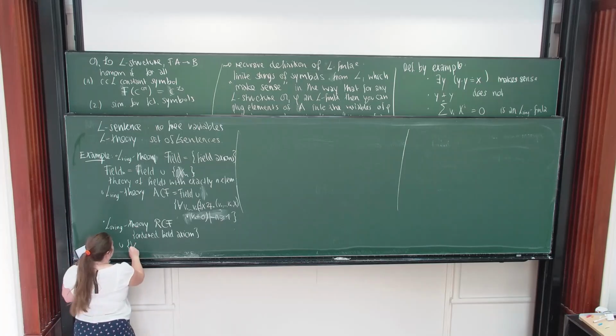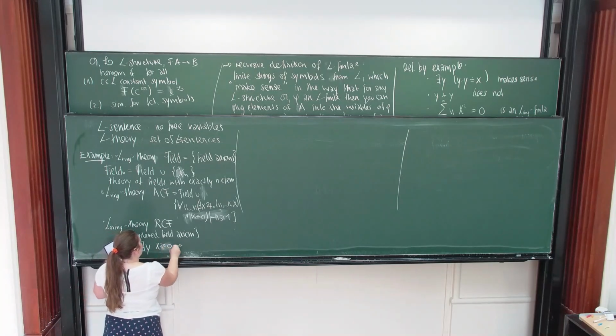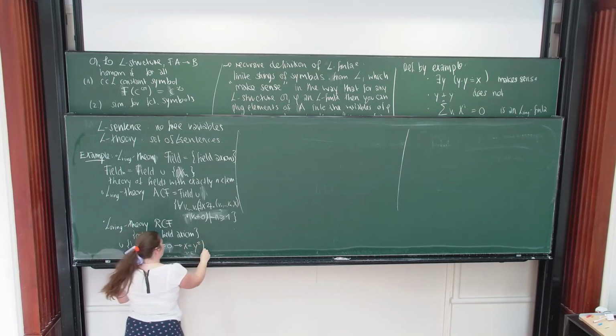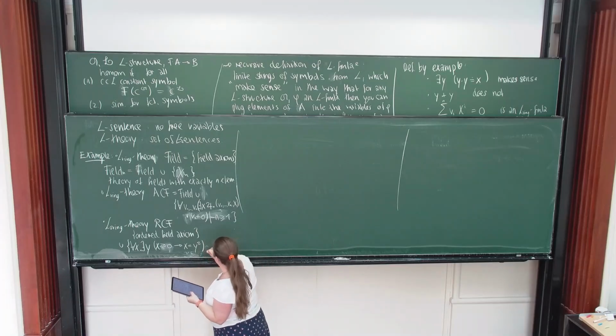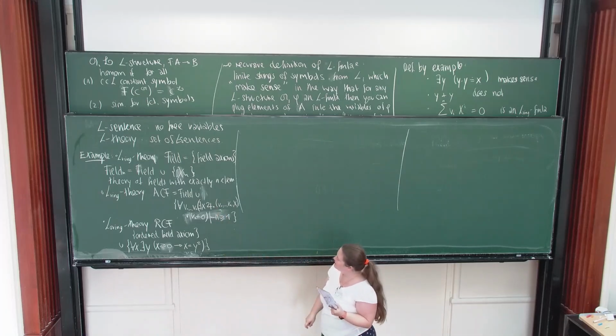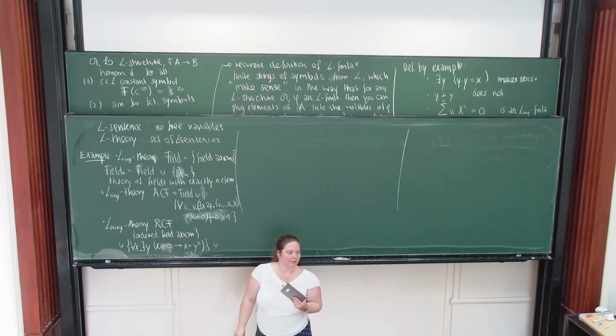So for all x there is y, x greater or equal to 0 implies x is equal to y squared. And now I need to say every odd degree polynomial has a root.